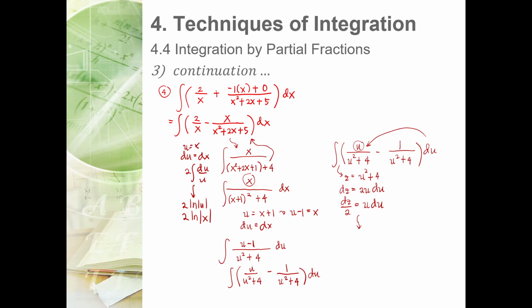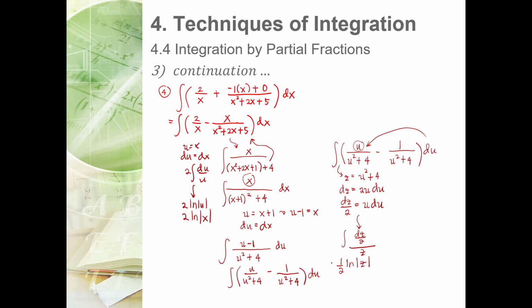So the integral of the first term becomes the integral of dz over 2 all over z. So this becomes 1/2 ln z.